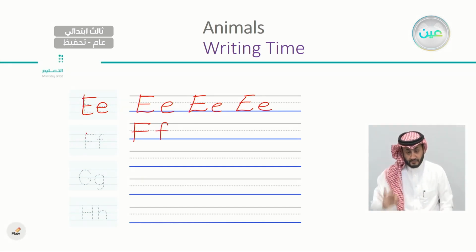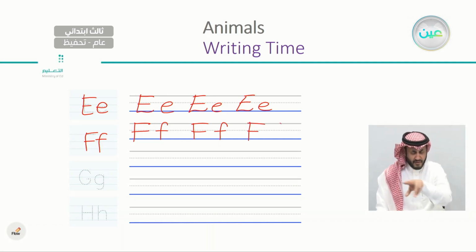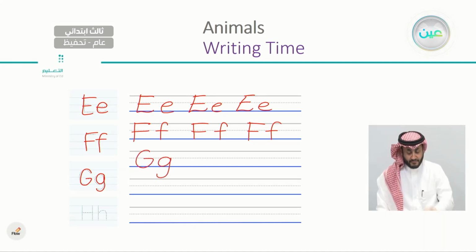Next we have the letter F, as in fish. Uppercase, lowercase. Then we have uppercase G, lowercase g.